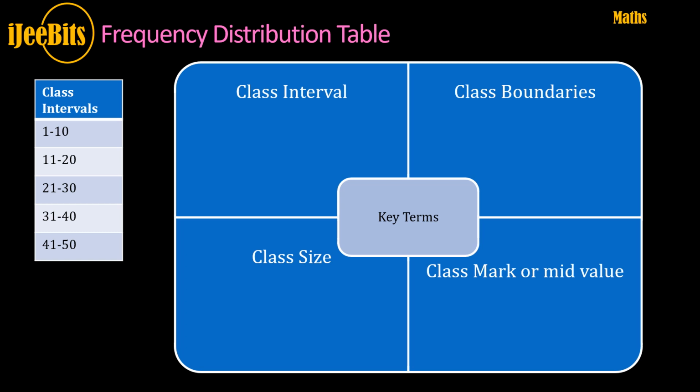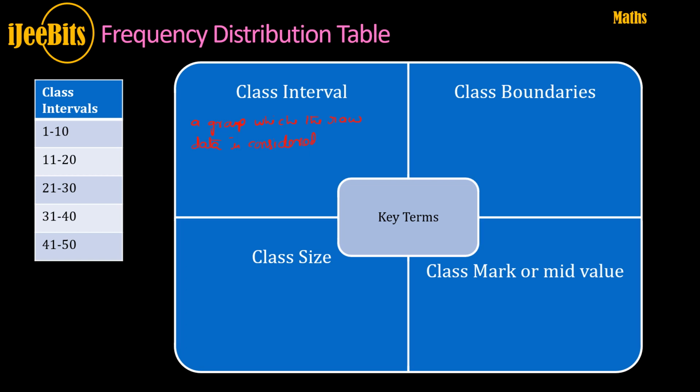A group into which raw data is considered, that's called a class interval. So now the question is, what is meant by boundaries?